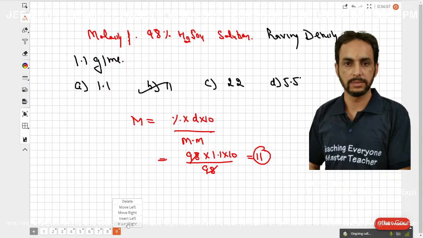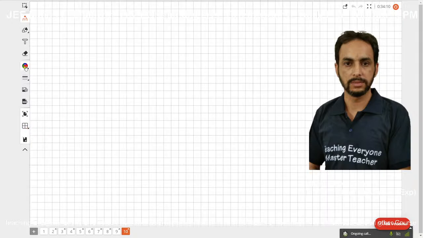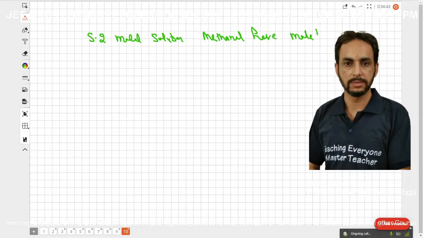Now again, here: a 5.2 molar solution of methanol has a mole fraction of methanol of.